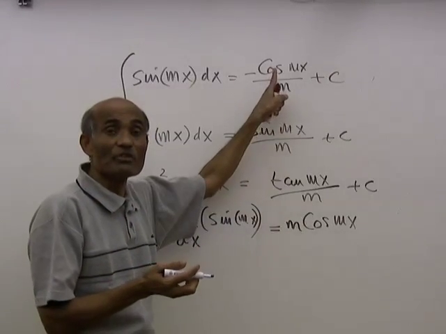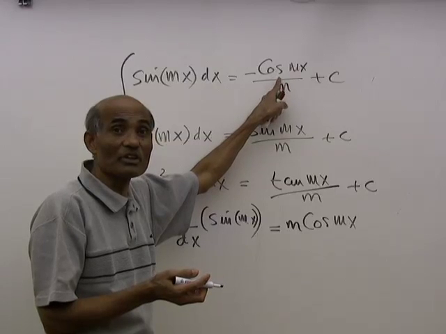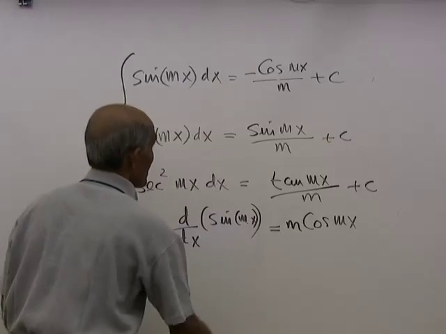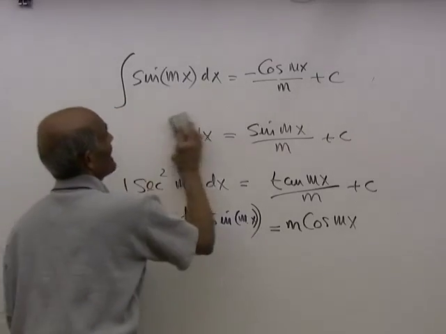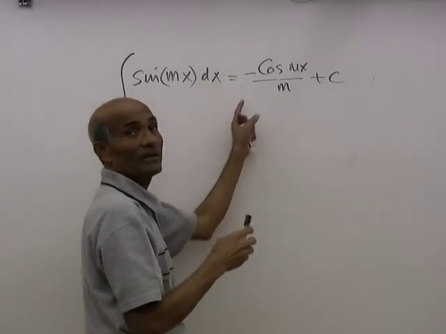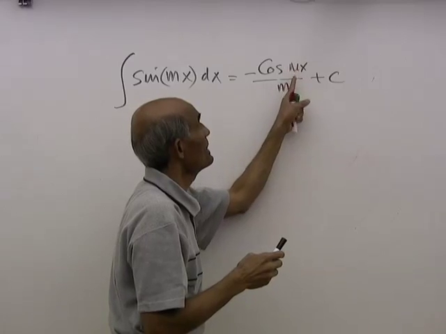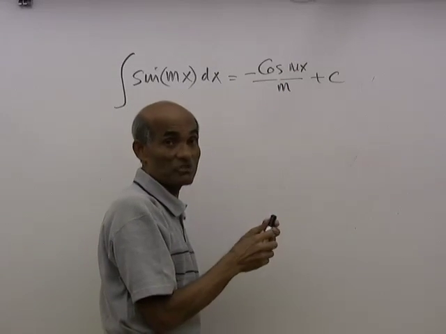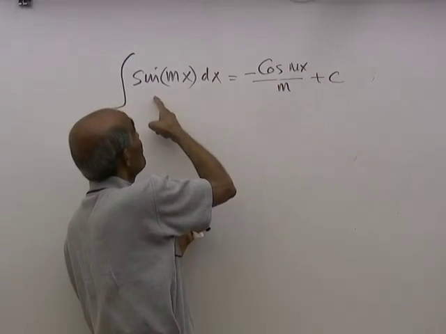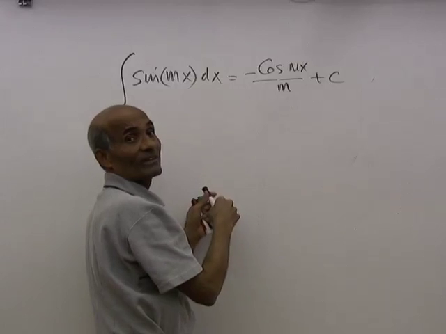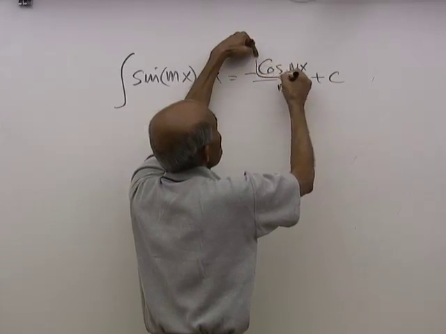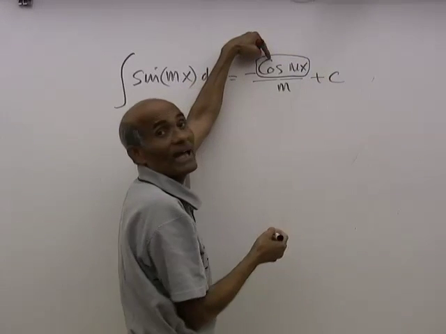In other words, if you find the derivative of this, you will get this, don't you? Well, let me take this away and ask you to do that. On the right hand side, we got negative cos mx over m plus c. And I just said, if you find the derivative of the right side, you must get this. All right. Tell me, what is the derivative of cos mx?